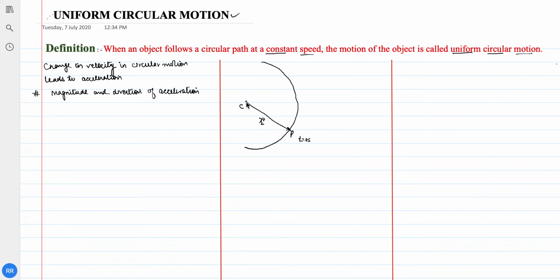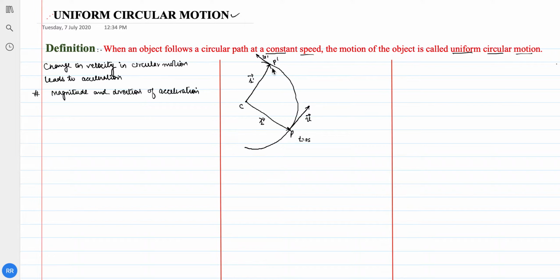And then after some time delta t, the particle will reach point P prime. As it has different locations, this is the position vector of the particle at point P prime. Let v be the velocity at point P, and v prime the velocity at point P prime.